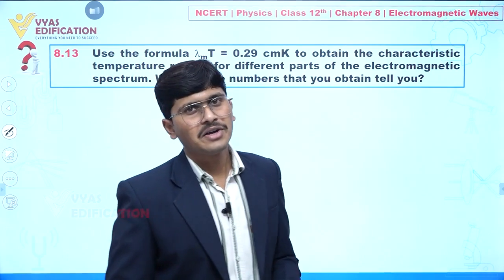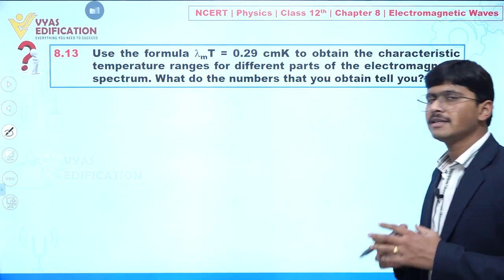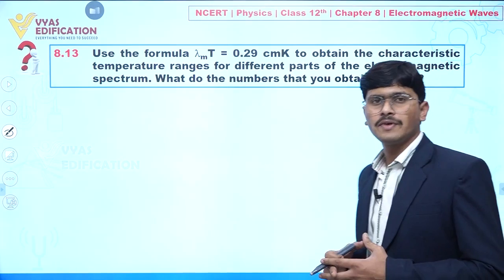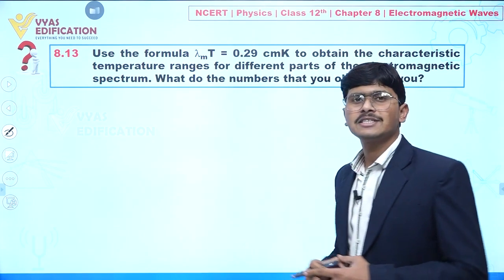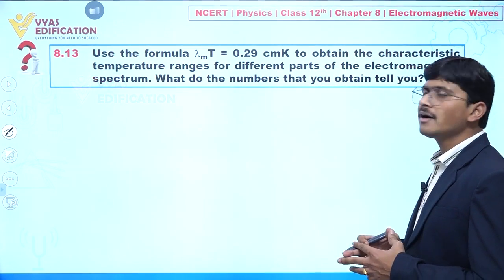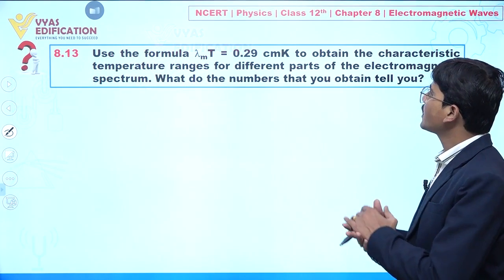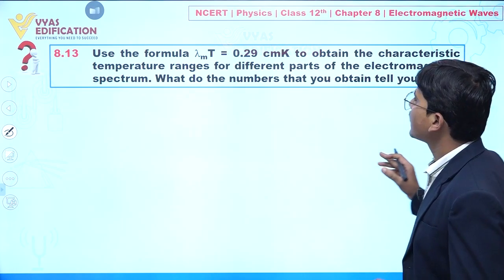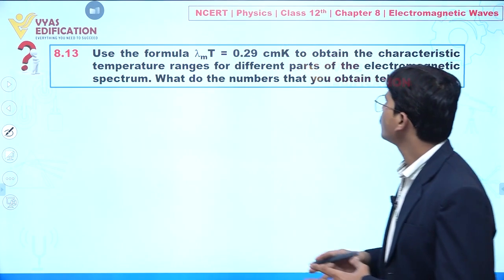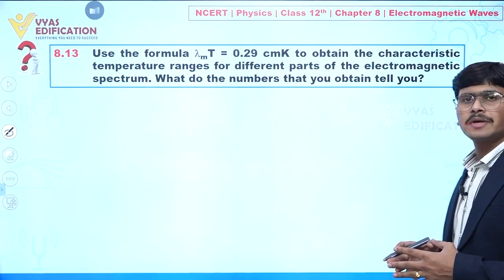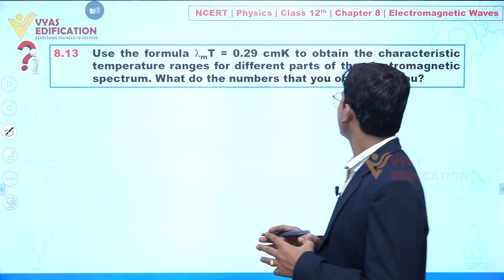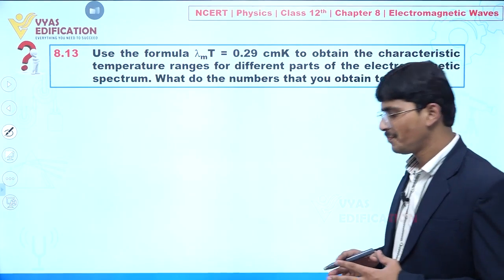Now dear student, we are going to discuss this question, and this question is 8.13, clear. In this question it is given to you, use the formula lambda m T equal to 0.29 centimeter Kelvin to obtain the characteristic temperature ranges for different parts of the electromagnetic spectrum, clear. What do the numbers that you obtain tell you, clear.